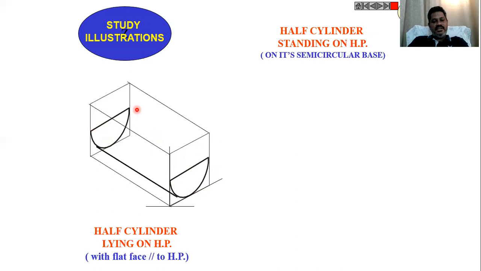Then join these two elliptical curves with a thick line, then join all these corners to get the half cylinder lying on HP. The half cylinder surface is lying on HP.